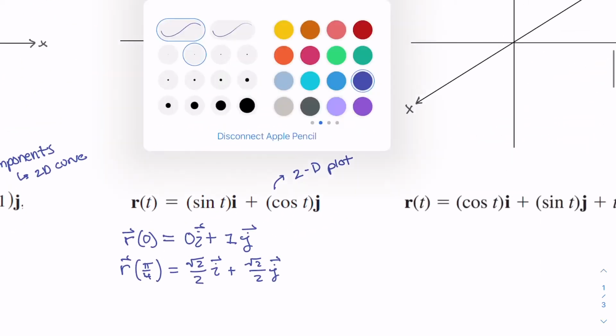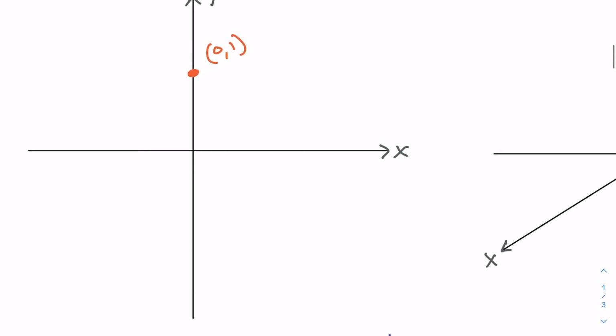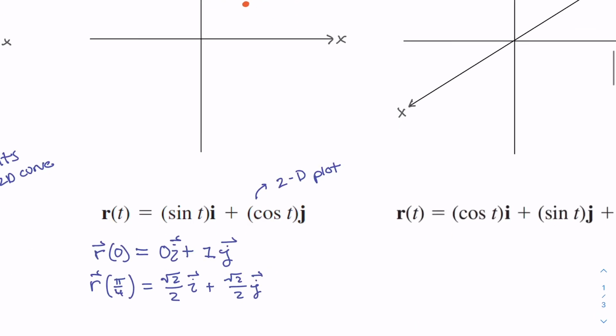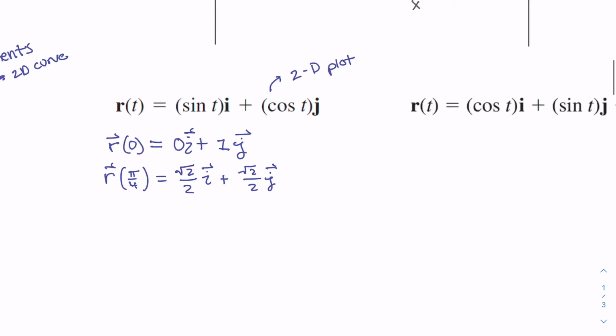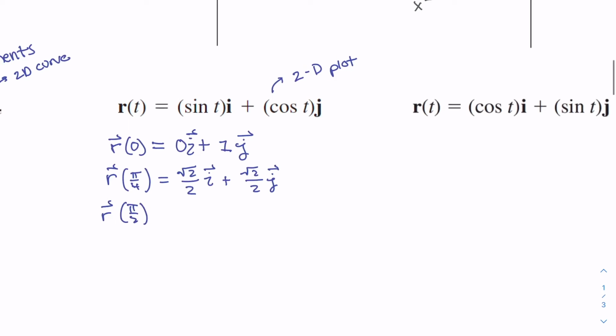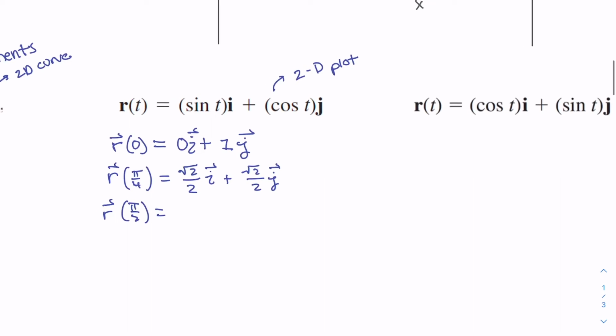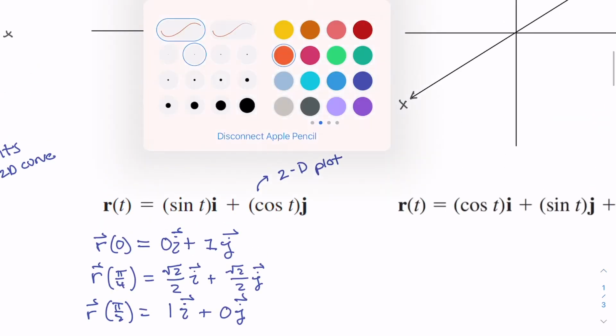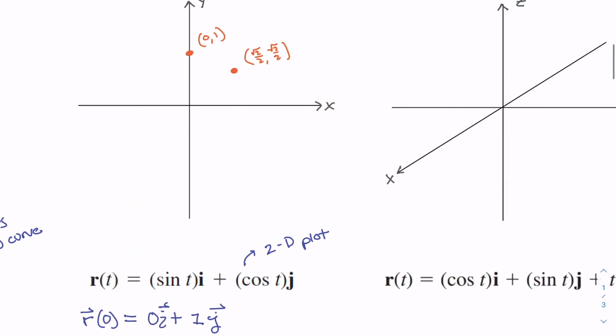So that is something like that. Now we can do pi halves, which will give us sine of pi halves is 1, and cosine of pi halves is 0. So in this case, we just get this. We get the point 1, 0.